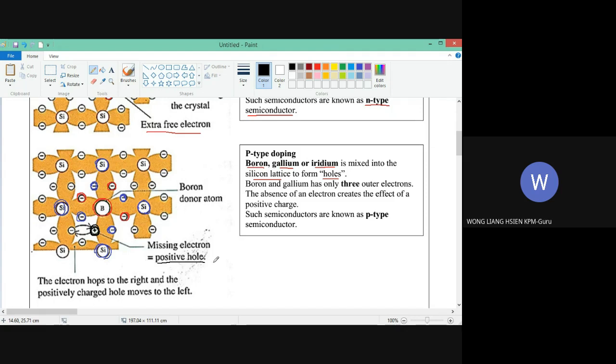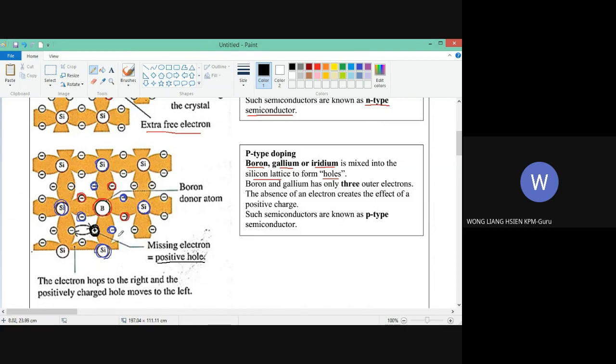I repeat, when you lack an electron, the effect is that it's like you have an extra proton, or extra positive charge. So this hole represents positive charge.